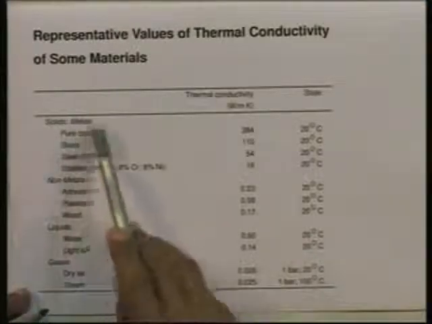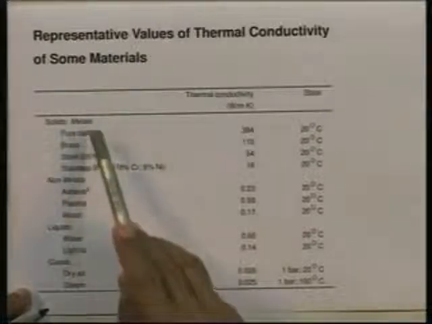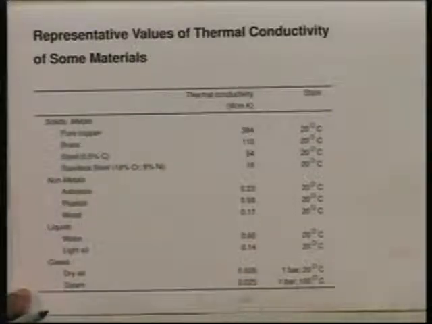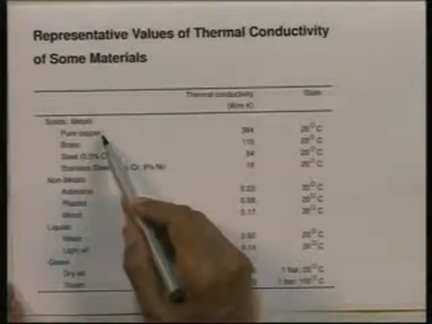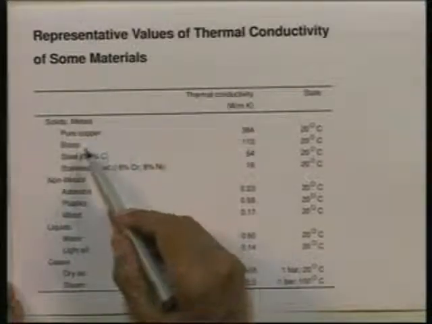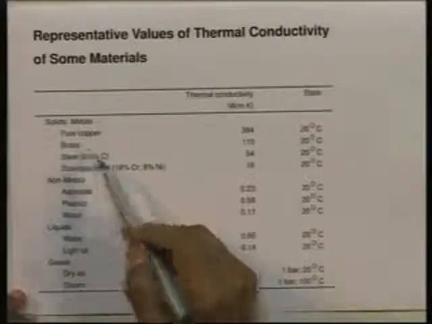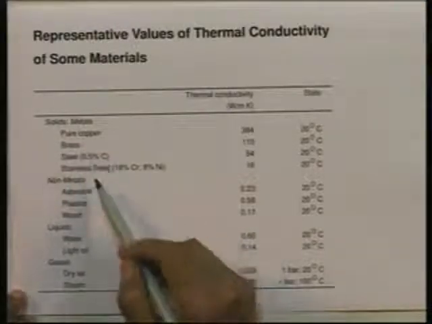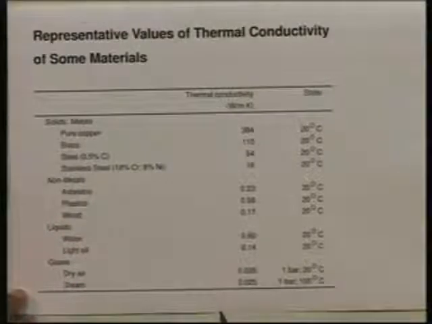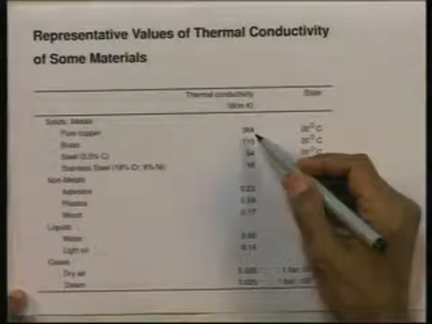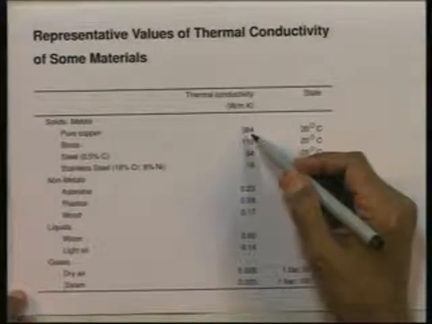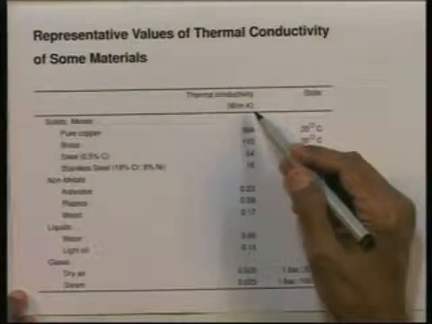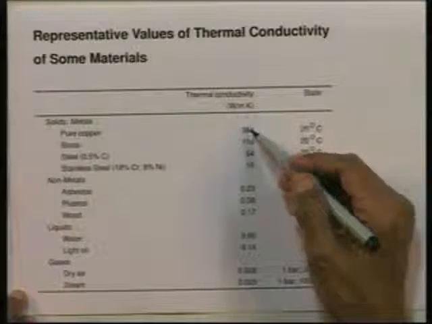In the case of solids, first I have given for metals. The first 4 values are for metals, starting with a very pure metal like pure copper, then brass, which is an alloy of copper and zinc, then steel, and then stainless steel. Notice that for a very pure metal, pure copper, the value of k is in hundreds in the units that we are talking about, watts per meter Kelvin, 380.